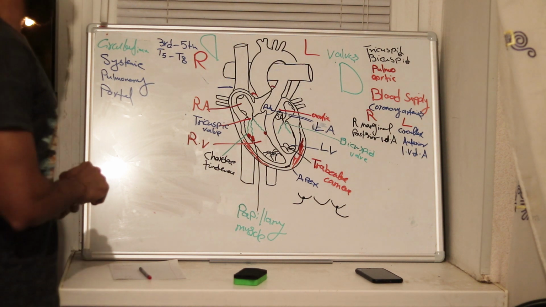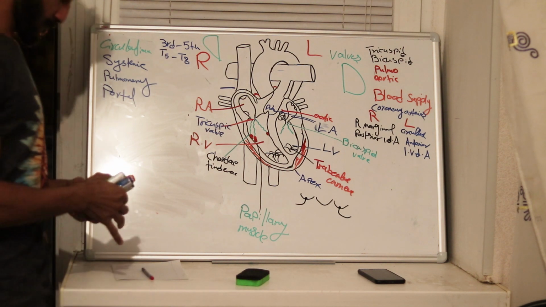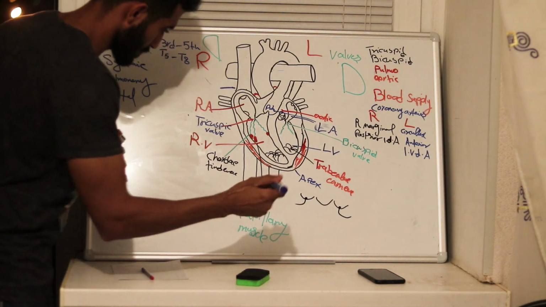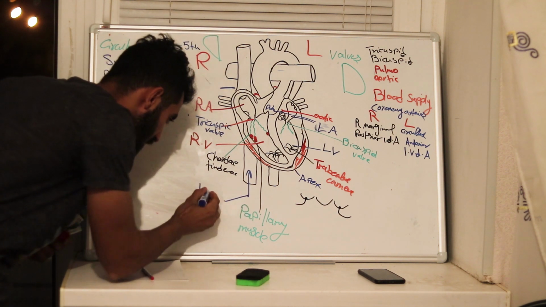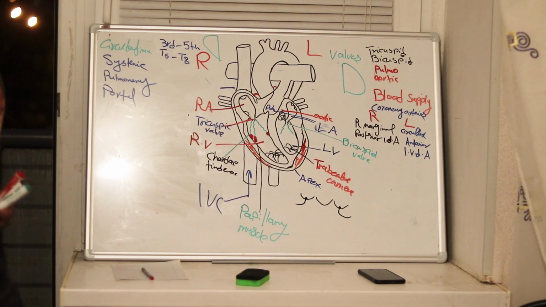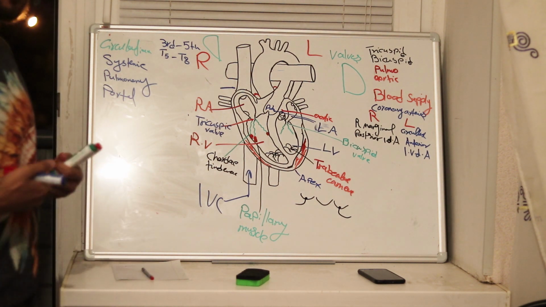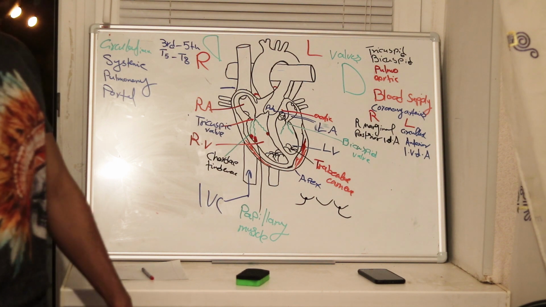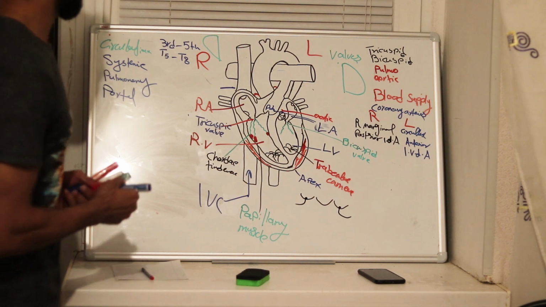So the systemic means it's major. The blood comes from the inferior vena cava: the deoxygenated blood comes from the lower trunk and lower extremity through the inferior vena cava and goes to the right atrium.